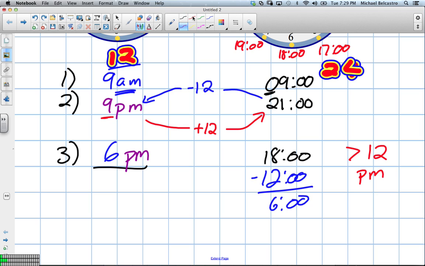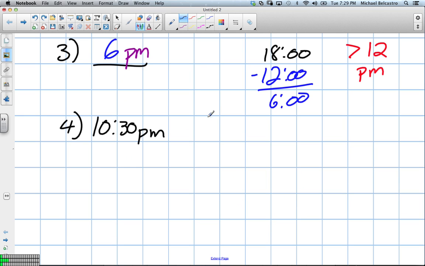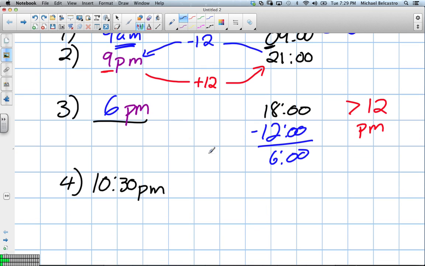Let's say someone tells me that at 10:30 p.m., I need you to convert it to 24-hour time for me. How would we go about doing that? Here we were going backwards, so we subtracted.